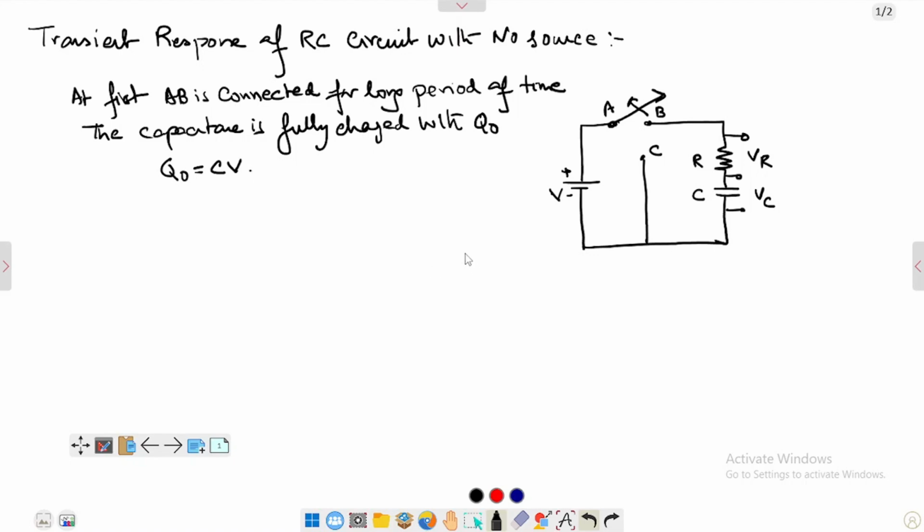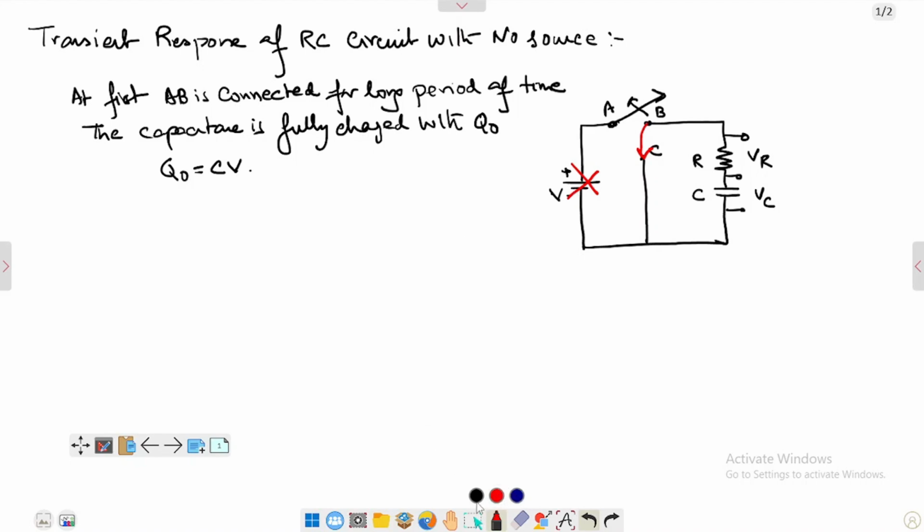Now, when it is fully charged, we will connect B and C together and eliminate the voltage source from the circuit. Now B and C is connected and no voltage source is present.